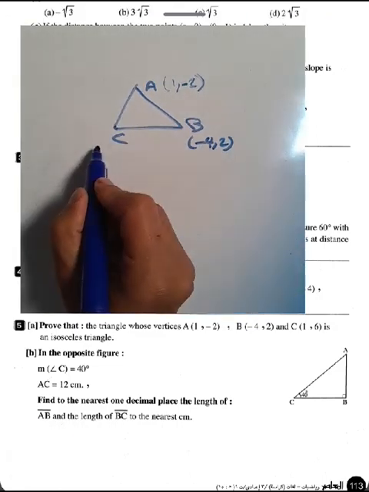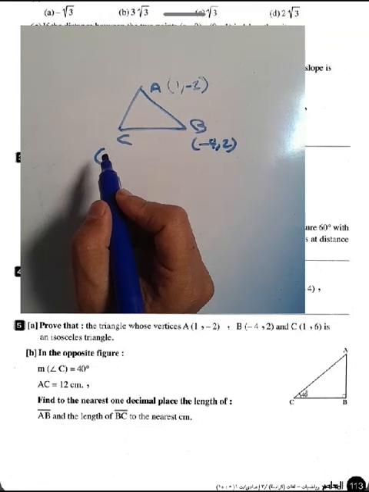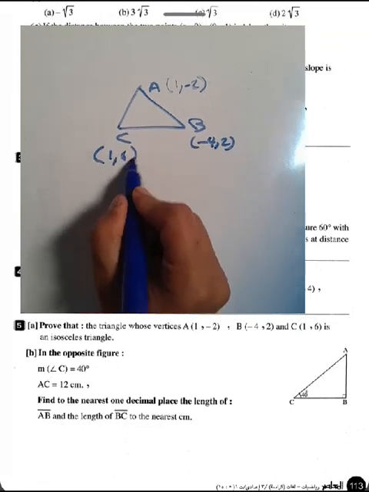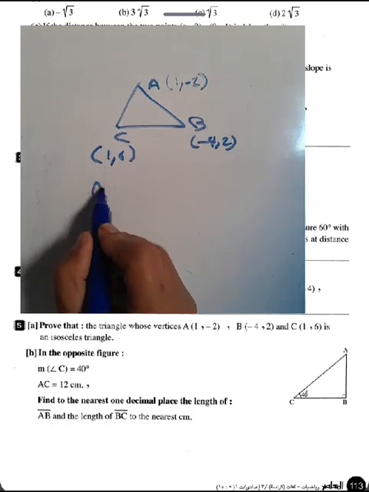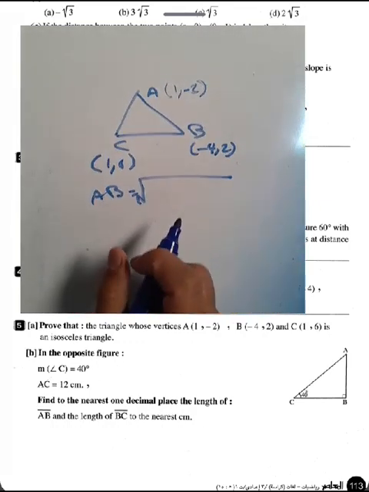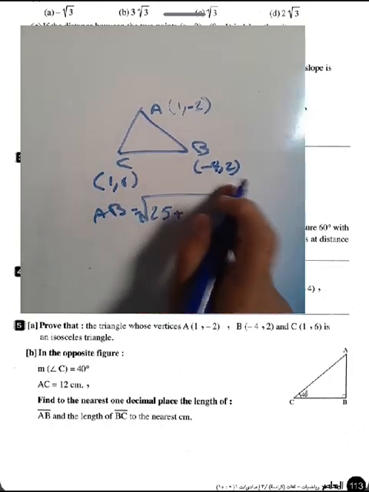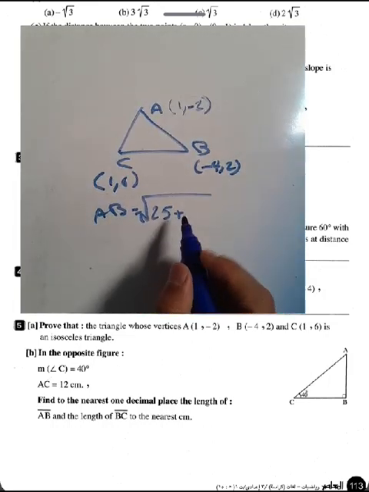Look with me here, C is (1, 6), and then you can find the length of AB. AB is the square root of negative 4 minus 1 to the power 2, which is negative 5 squared, 25, plus 2 minus negative 2, 4, to the power 2 equals 16.